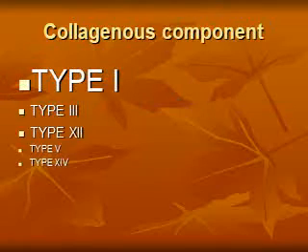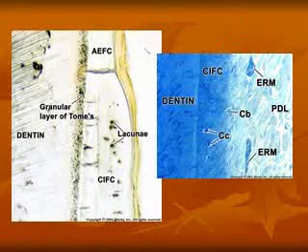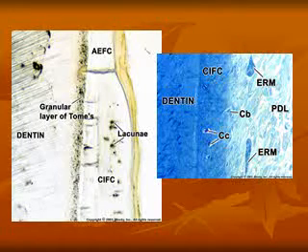Among the collagen components, type 1 is the main type of collagen in the cementum, and also type 3 and type 12. In this slide, on your left we see acellular extrinsic fiber cementum, and underneath it is cellular intrinsic fiber cementum, and on your right side we see cellular cementum, cellular intrinsic fiber cementum, with the abbreviation CIFC.